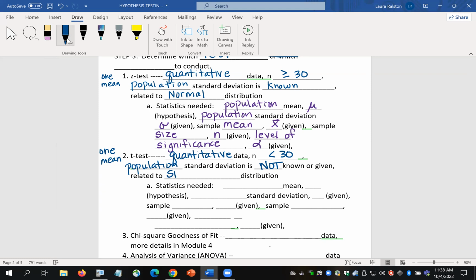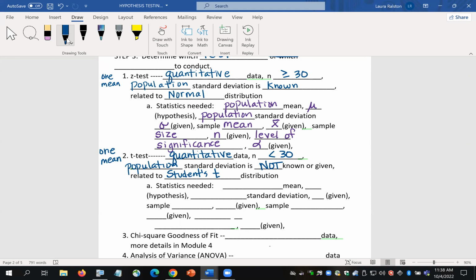And this one is related to the student's t-distribution. Again, connect it back to the confidence interval for t as in tiger.